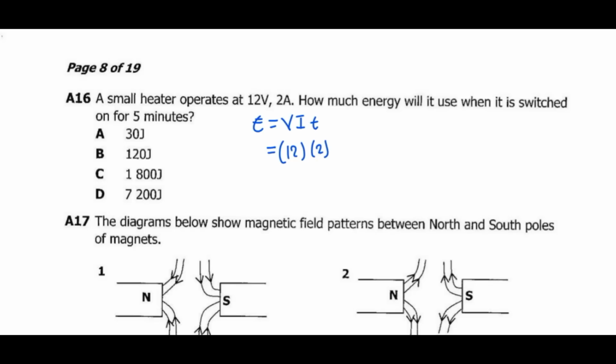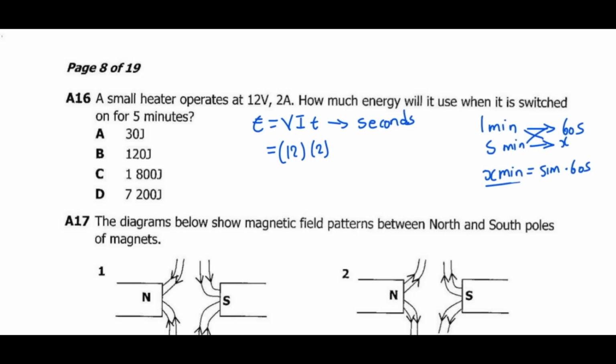Now remember, time should be in seconds, and we are given time in minutes. We know that 1 minute is equivalent to 60 seconds, so we have 5 minutes equals x, and we cross multiply. The key point here is whenever you are converting time from minutes to seconds, just multiply by 60.